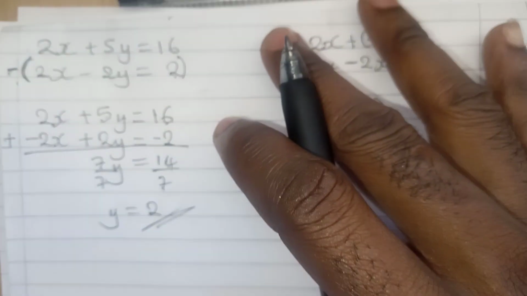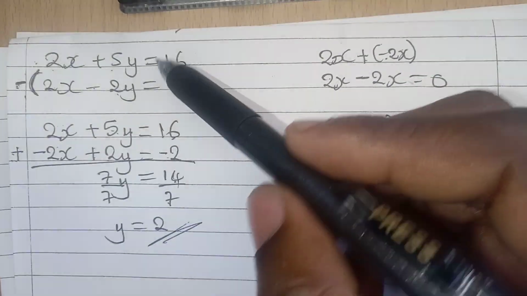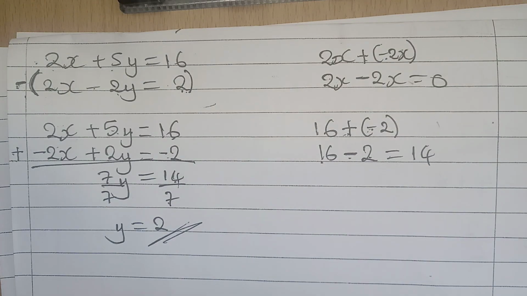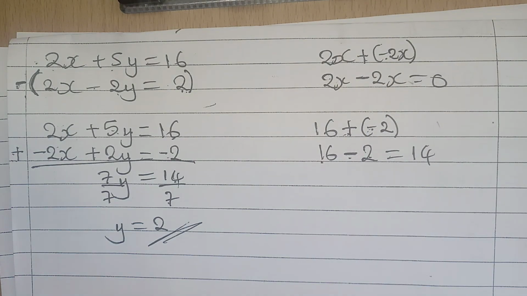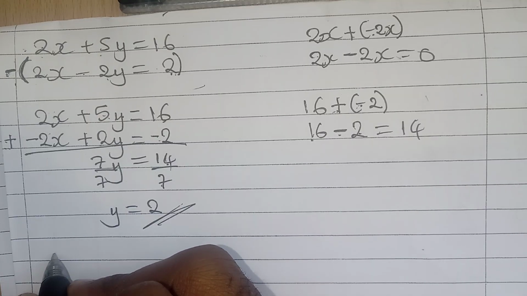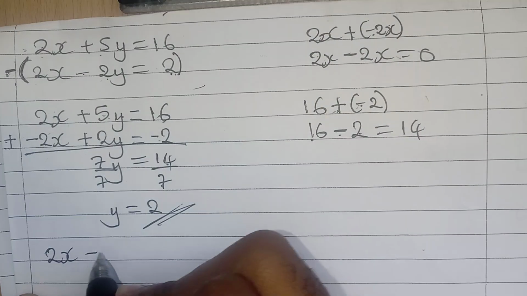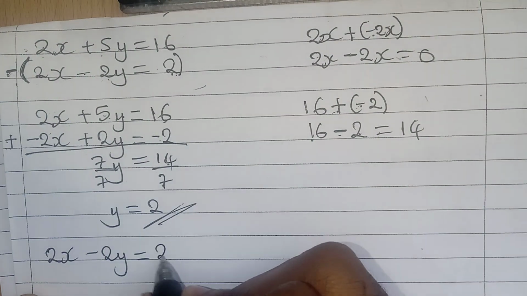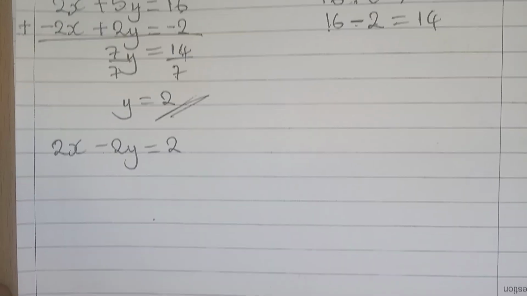So now to solve for x, just pick one equation from these two, or even these two. So I'll pick the first one. No, the numbers are too big here. I'll go with the second one. It won't matter which equation you pick, like I always say. So you can say 2x minus 2y is the same as 2. So yes, this one has a negative, but I think it's much easier because the numbers are smaller, so you are less likely to make mistakes.